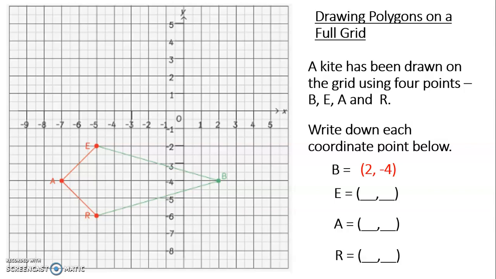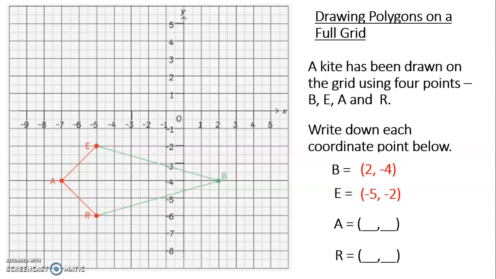What about E? Starting at 0, we're going along the corridor. Yes, we're going the other way this time to -5. Do we need to go up or down the stairs? We're going down the stairs to -2. So E is -5, -2. A. We're starting at 0 and we're going to go along the corridor to -7.